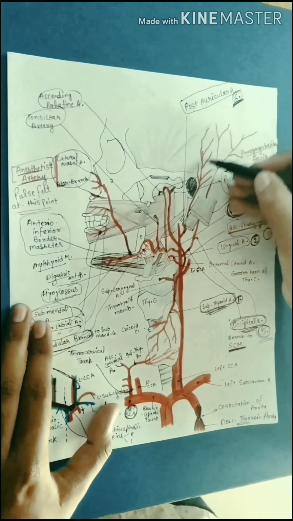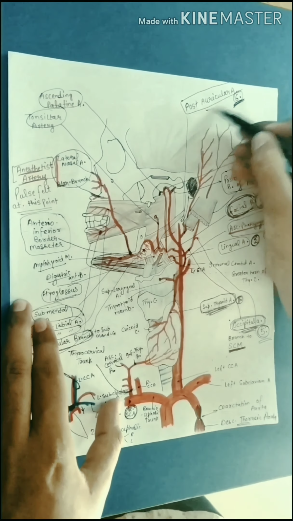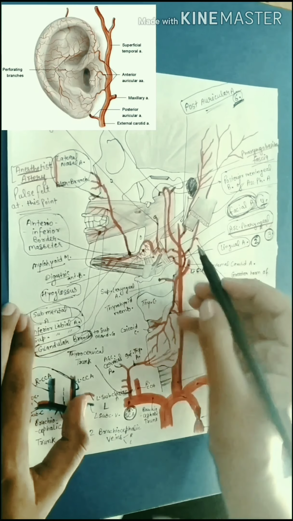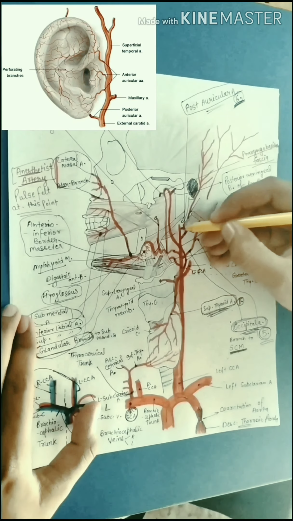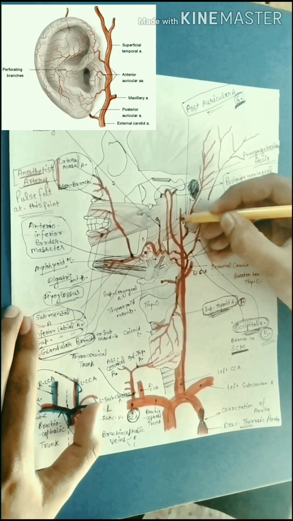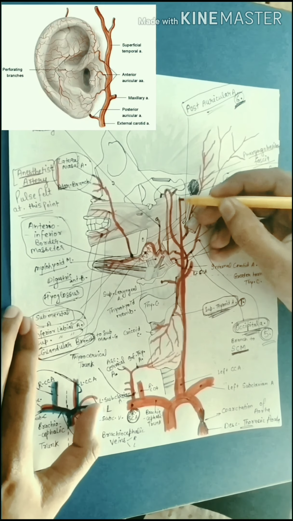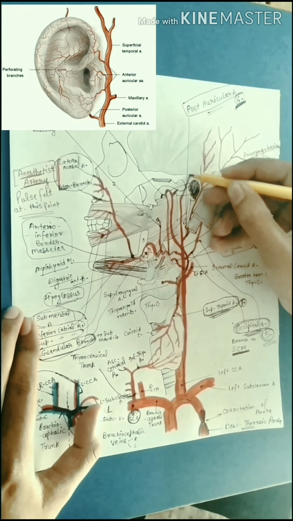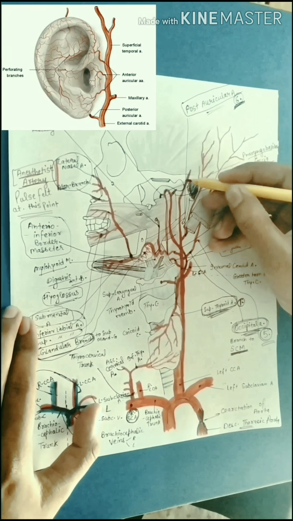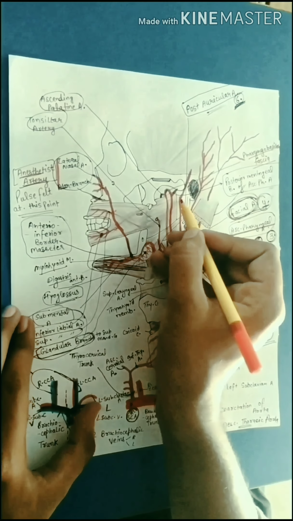So this is the external auditory meatus. From the posterior side it is supplied by the posterior auricular, but the anterior side is supplied by the superficial temporal artery, right? Now we are heading onto the ECA, and now I terminate this ECA.